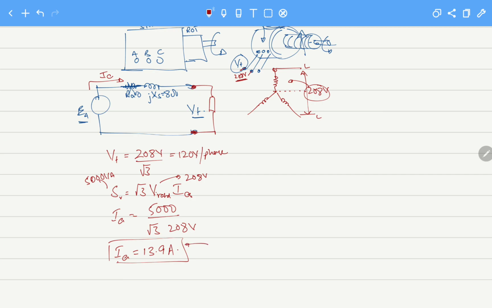Now this 13.9 ampere has a load angle; the power factor is 0.8 lagging, which means that if we take cos inverse 0.8, this will actually be 36.9 degrees.